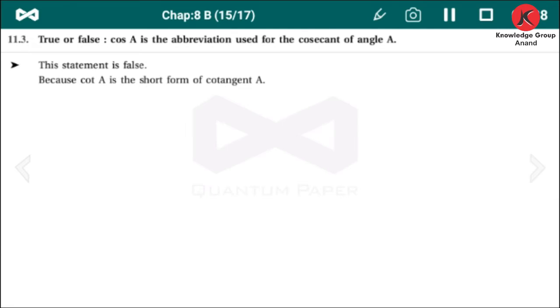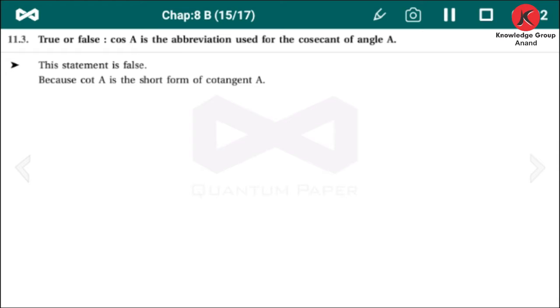Now, number 3. Cos A is the abbreviation used for the cosecant of angle A. Cos is cosine, it is not cosecant. This statement is false.